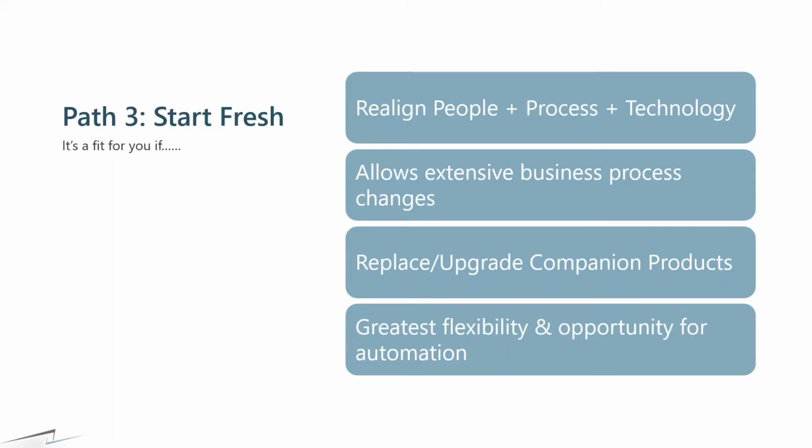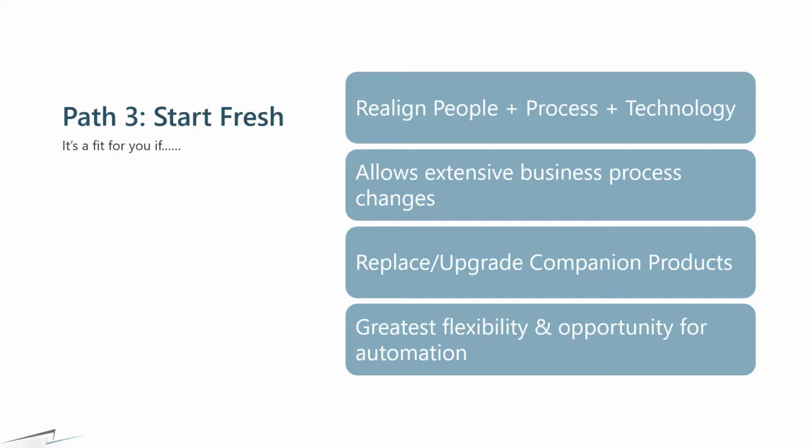We can create Rapid Start packages of data in Excel to import into the application. So there is a need to do that data migration exercise, but it allows you the greatest degree of flexibility if there's a people, process, technology realignment exercise that needs to occur.